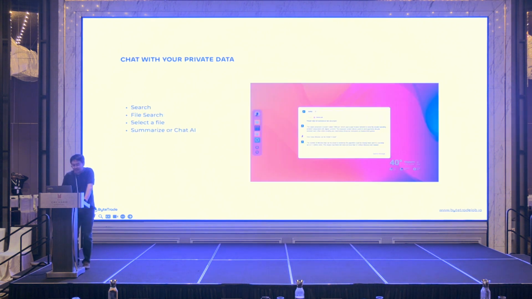And the other example would be chat with your private data. So say if you have a PDF or documents and you would like to have a summary, or you want to explore some details of the documents with Terminus, you don't need to send it to the centralized server, and then you will be able to get your answer right away.